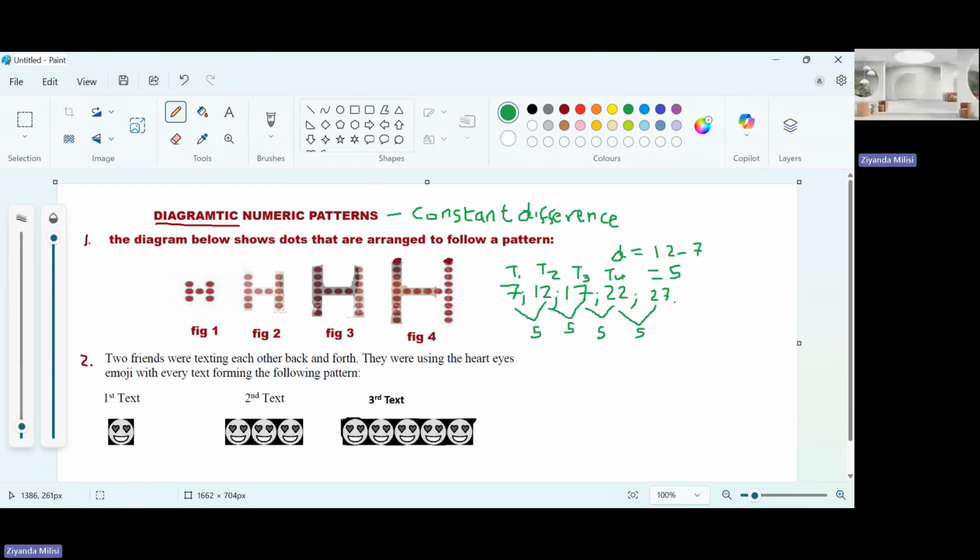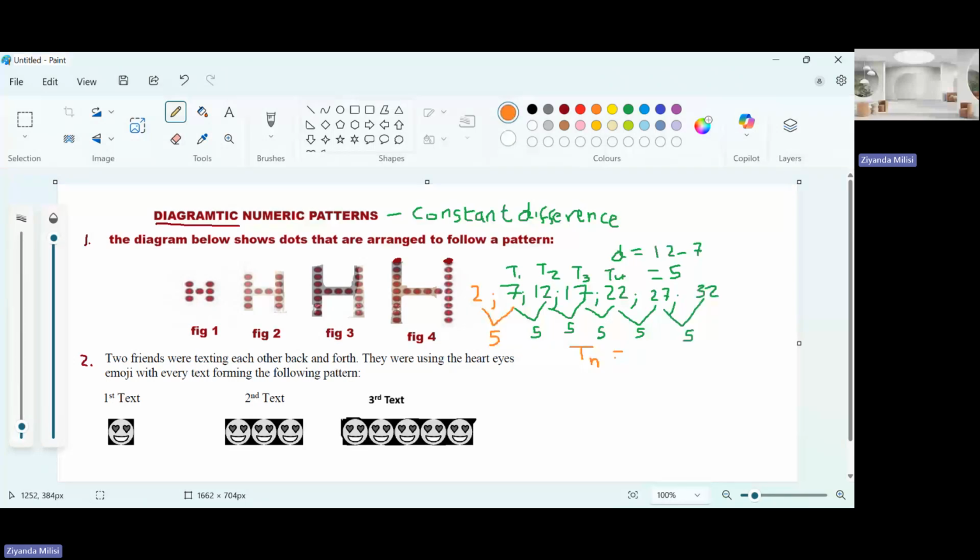So your general formula is Tn equals, what is the constant difference? It's 5n plus the term that comes before the first one, which is 2. So that is the general rule.